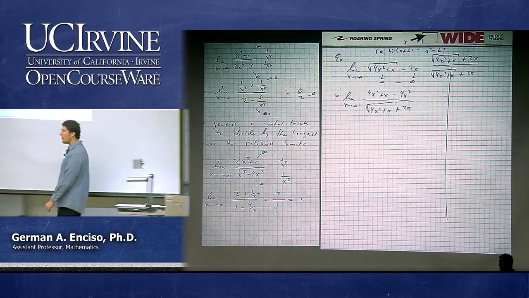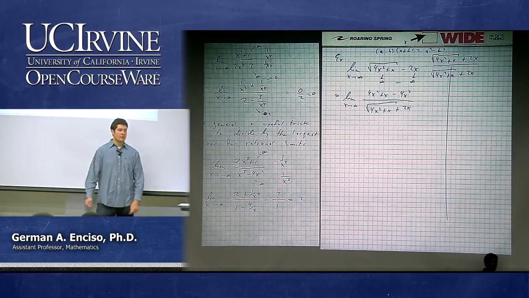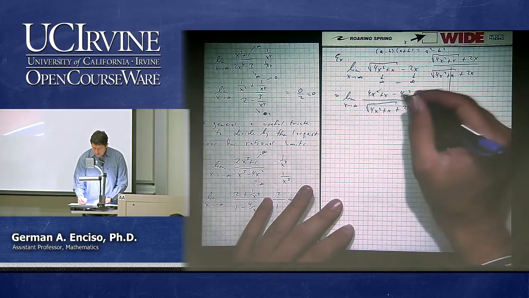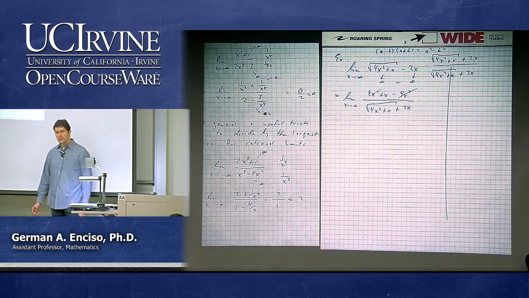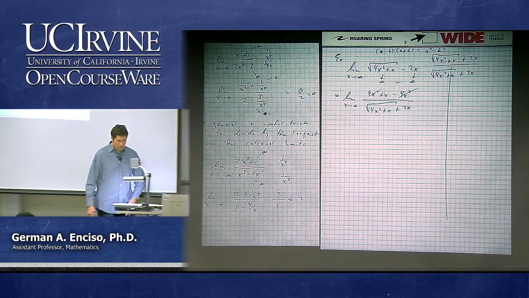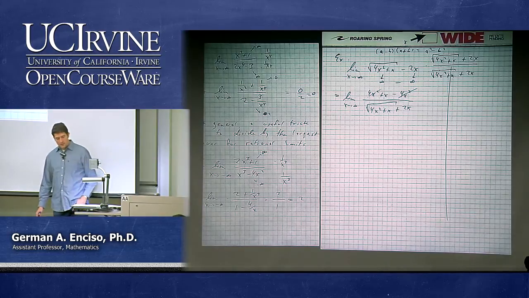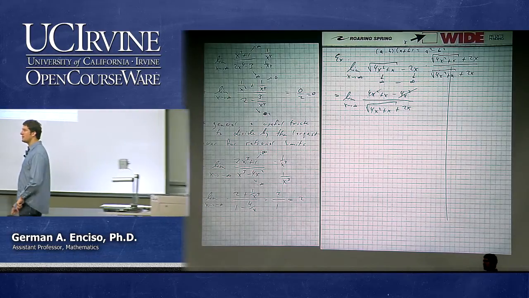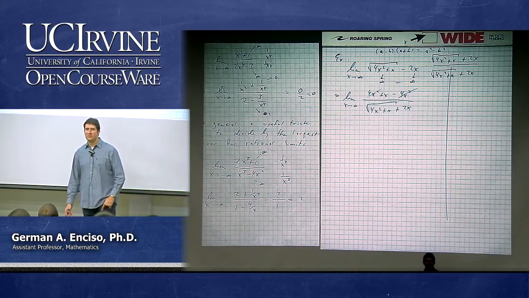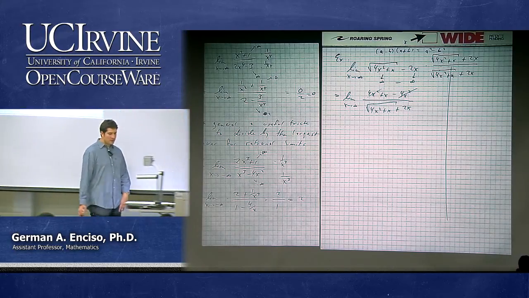Great. We're hoping that something's going to cancel out here, and in fact it does. This thing cancels with that. So we end up with an x on the top and something more complicated looking on the bottom. All right, but now what? Are we done? No, not yet. Unfortunately, it's not done yet.